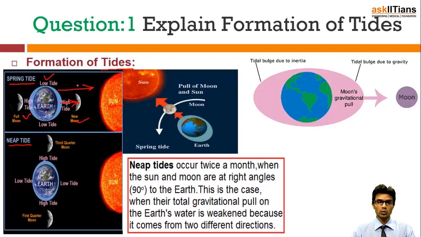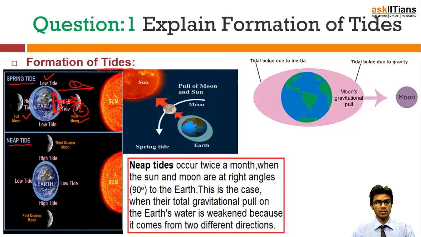So there are two forces acting on the earth which pull the mass of the earth. So if the earth has water on this part, this region of the earth, then the water is pulled and forms the tides.